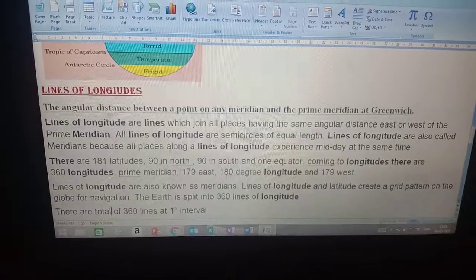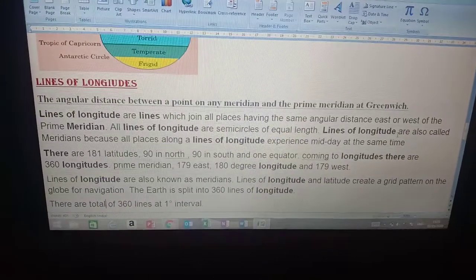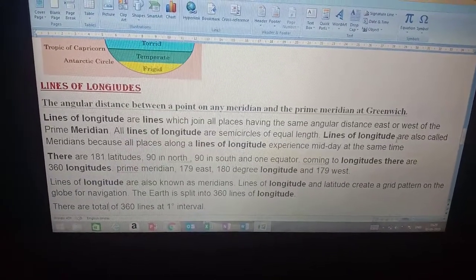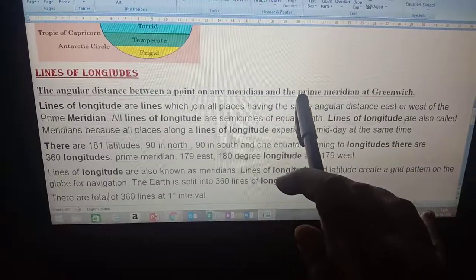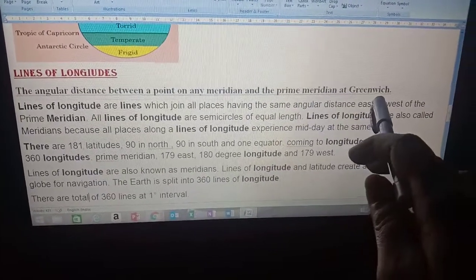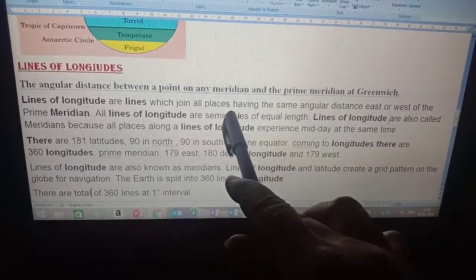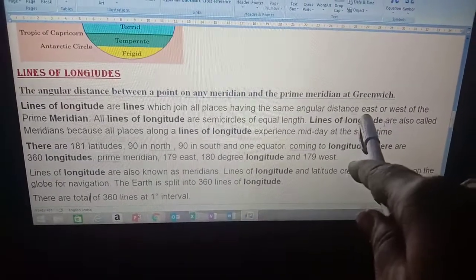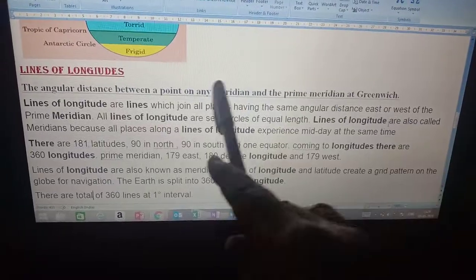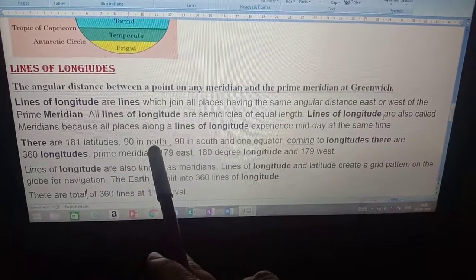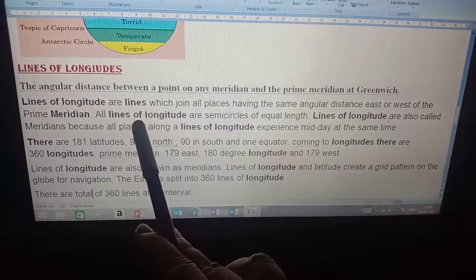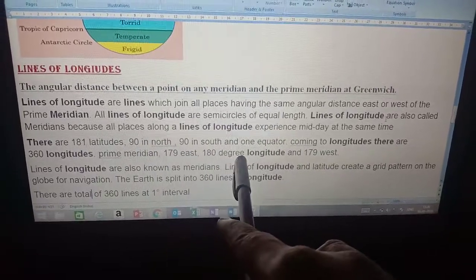Lines of longitude. I told you it's an angular distance of a point on any meridian from the prime meridian at Greenwich. Lines of longitude join all places having the same angular distance east or west of the prime meridian. There are 181 latitudes, 90 in the north and 90 in the south.